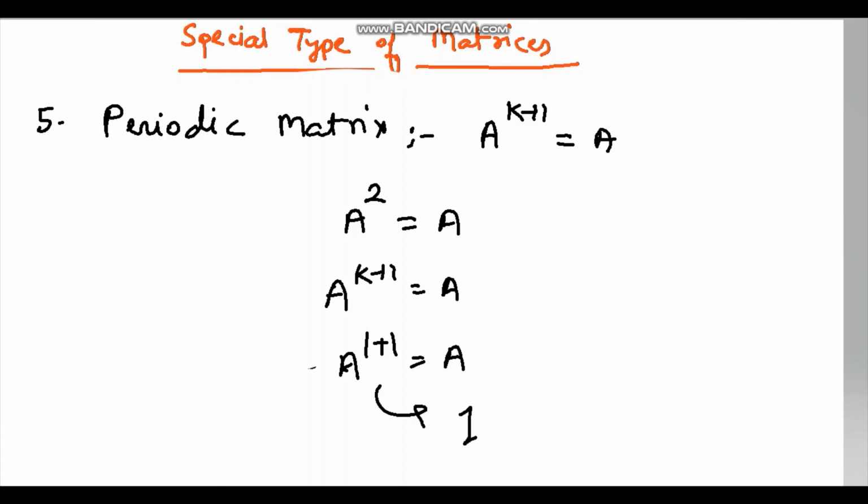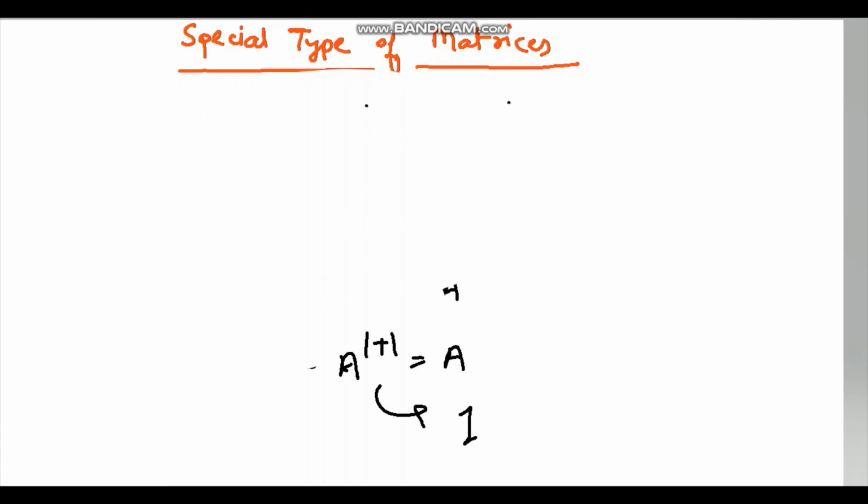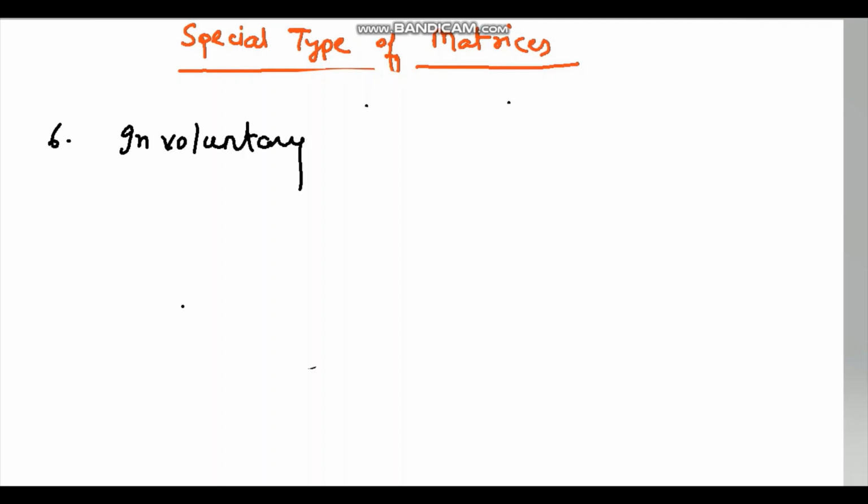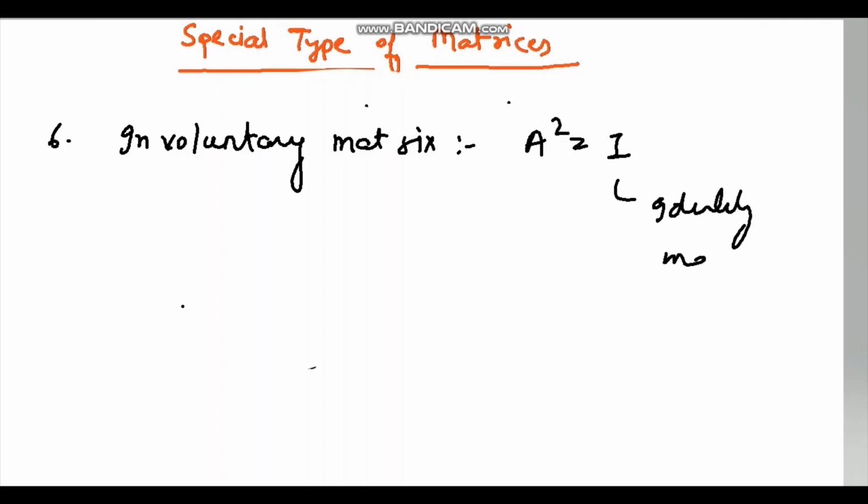Next type we have is the involutory matrix. What is an involutory matrix? If a matrix satisfies the relation A square is equal to I, where I is the identity matrix, it is called an involutory matrix.